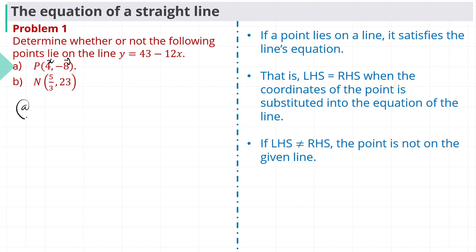So we are given the equation y equals 43 minus 12s. We are substituting the point P (4, minus 8). In place of the y, we substitute minus 8. We substitute 4 for s.